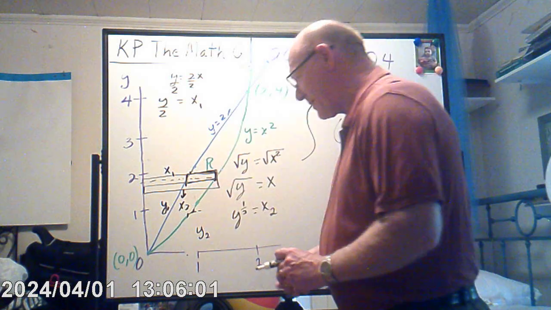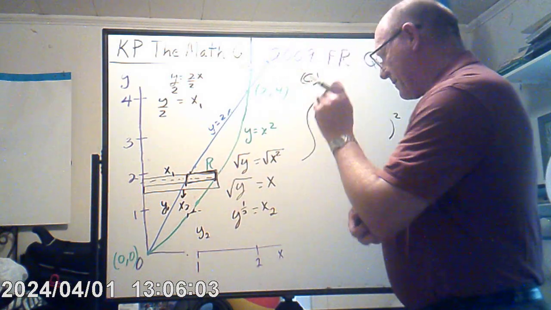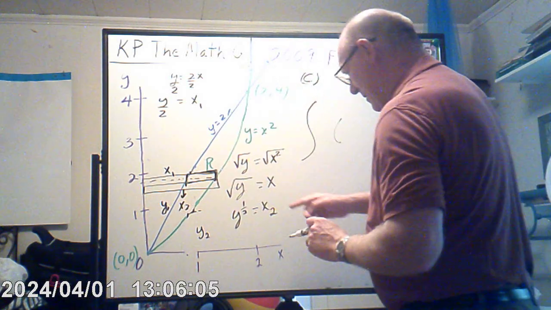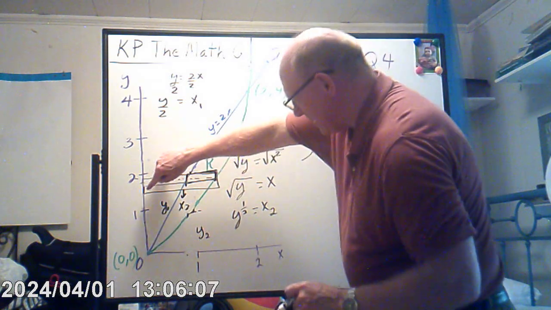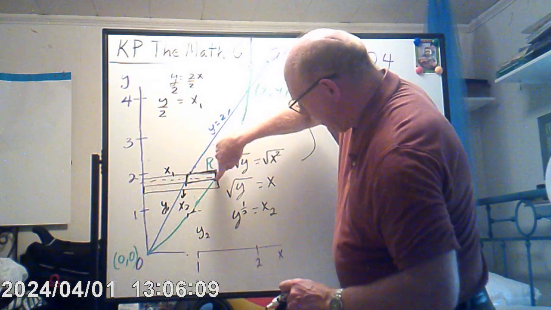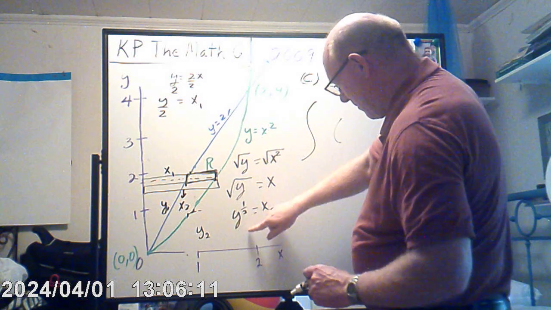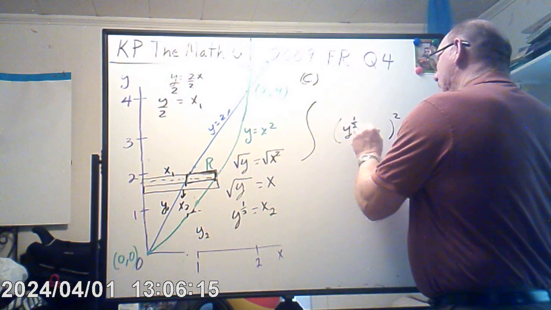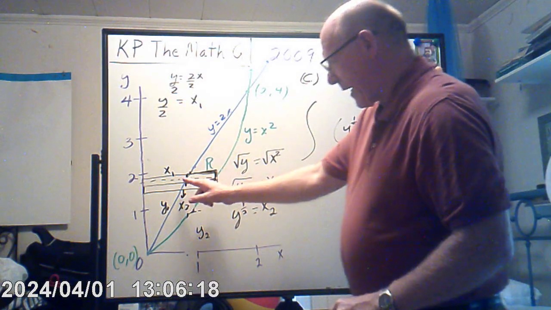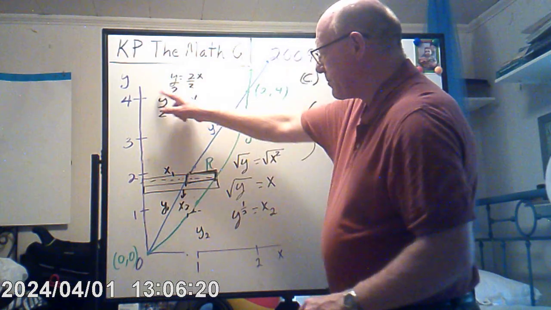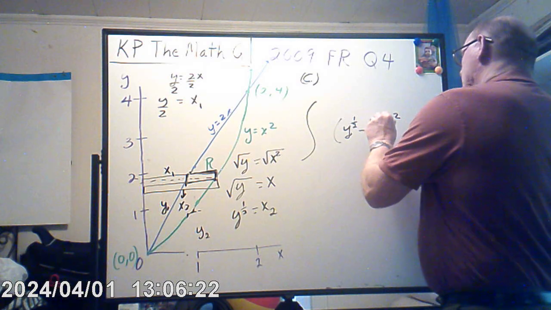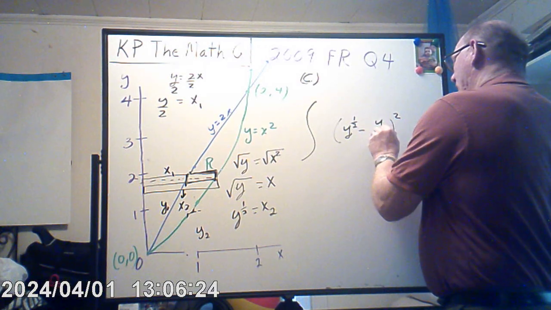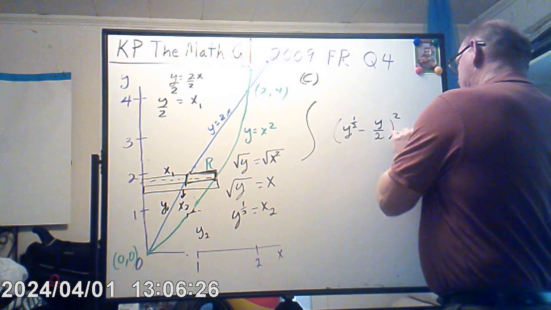Again, delta x is that thickness. So we're just saying then x2, this entire length here, is y to the 1/2, y to the 1/2 minus x of 1, which is y over 2, or 1/2 y, and that's delta y this time.